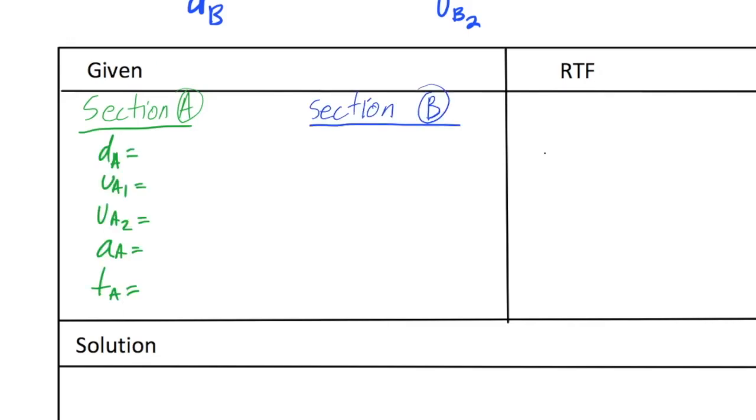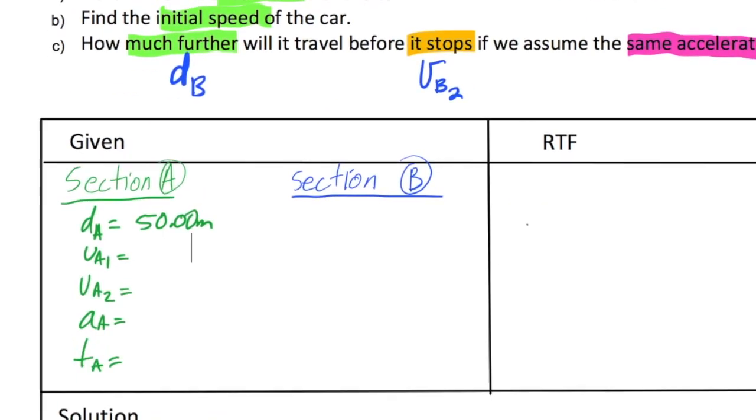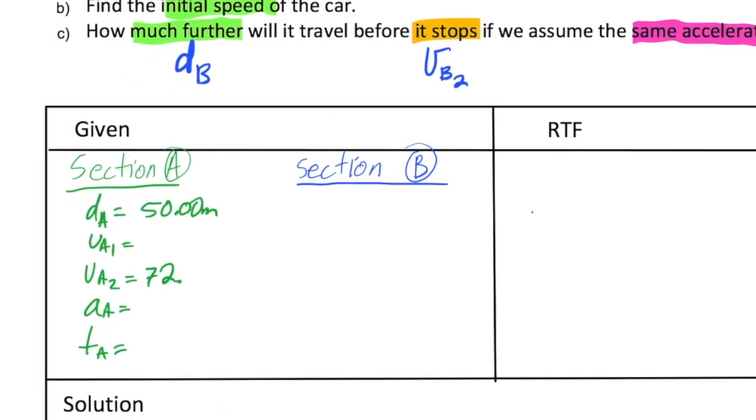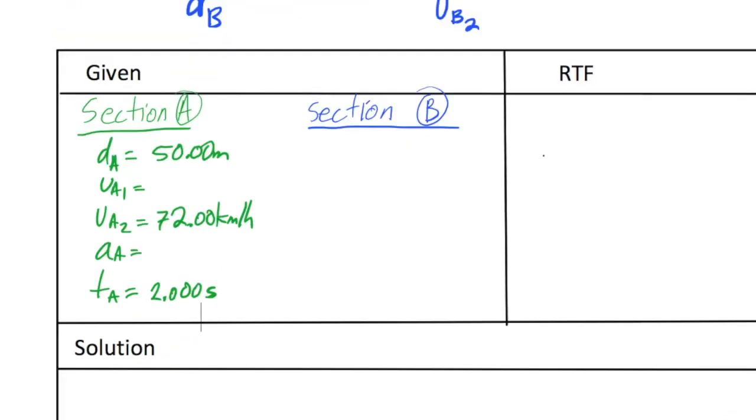In section A, we know that we travel 50 meters. We know we reach 72 kilometers per hour at the end of section A, in a time of 2 seconds. There should be some red flags going up right now, and that issue is the 72 kilometers per hour.